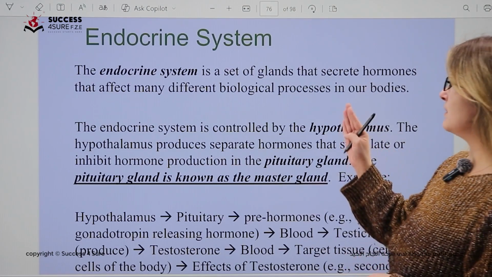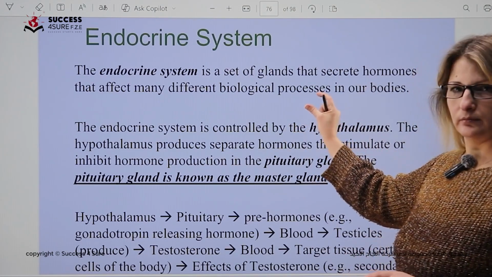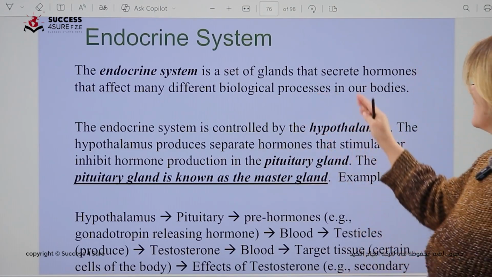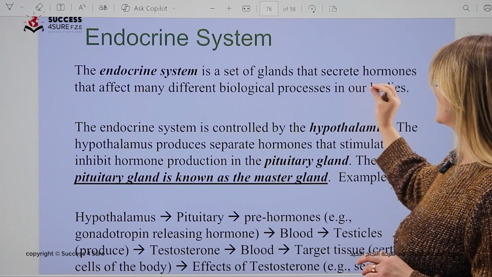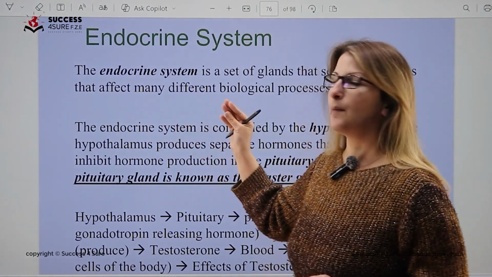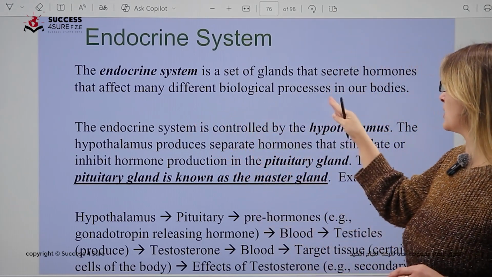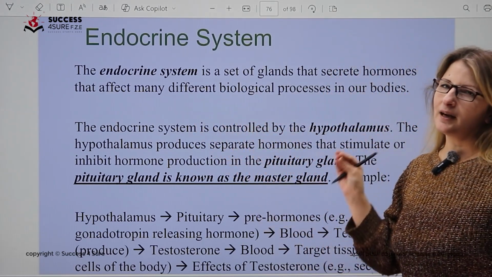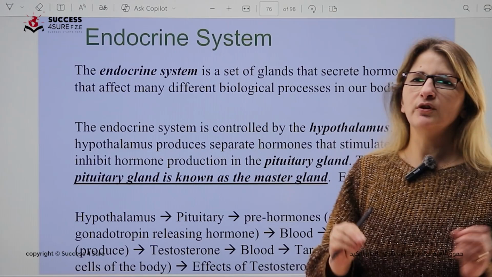The endocrine system is a set of glands that release or secrete hormones that affect many different biological processes in our bodies, like, let's say, the function of the neurotransmitters.